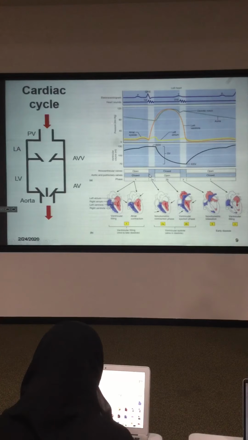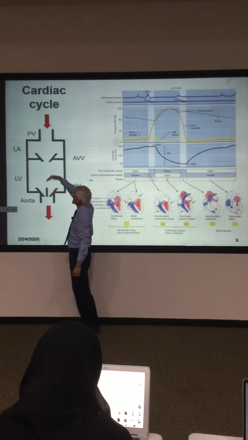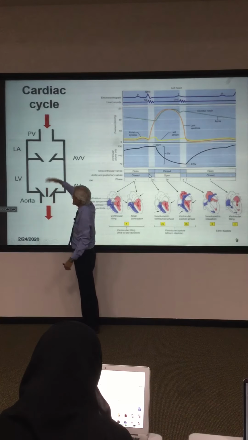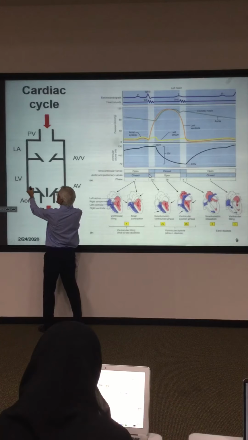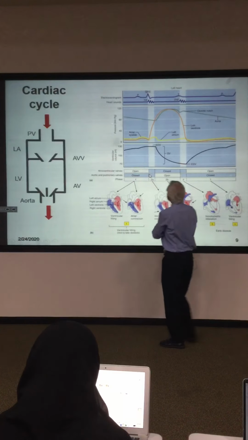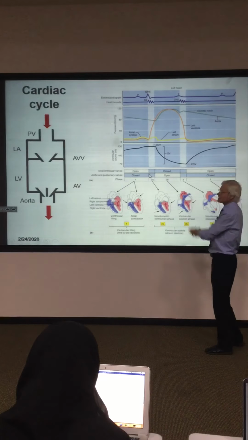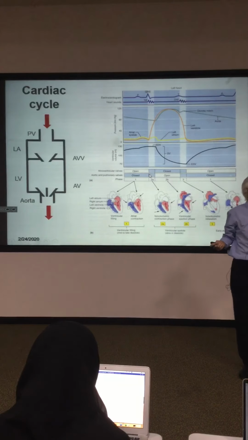You can see that the pressure in the ventricle is increasing because the electrical activity, this QRS, this depolarization, is spreading through the left ventricle, and the left ventricle is starting to contract, isn't it? But initially the valve is closed. The valve is closed during this isovolume, so the pressure is increasing, but blood's going nowhere as the valve's closed.